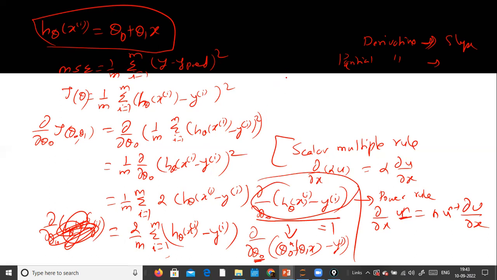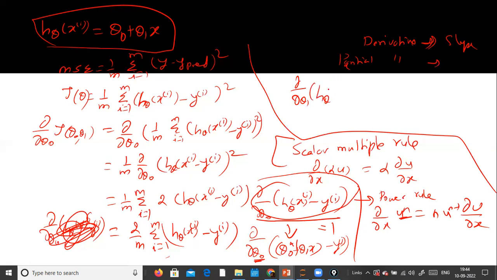But in the case of theta 1, what will happen is the same thing. I'll just write it here. This part, dou by dou theta 1 into h theta of x i minus y i.